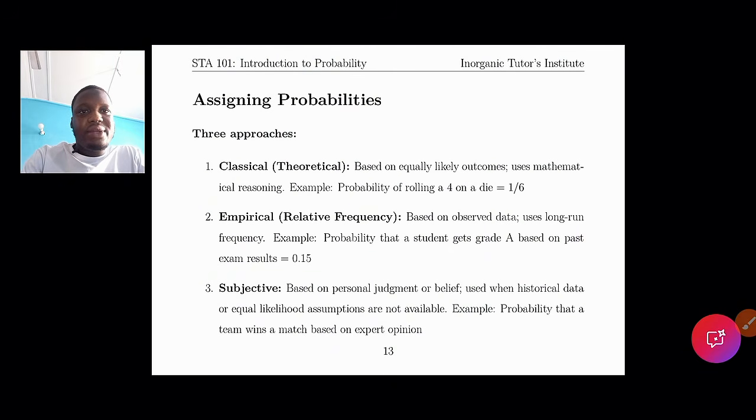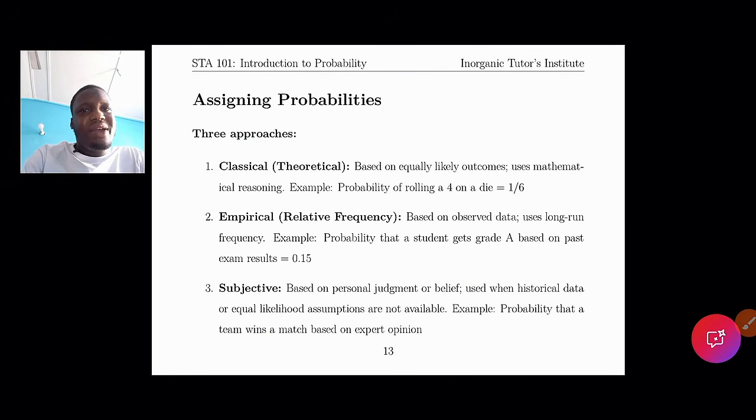Now the second one is called the empirical or the relative frequency. This is what I was explaining when we were talking about long run relative frequency. So let's say in a confinement, you don't know the number of balls in there. But you want to look at the behavior of the probabilities and assign the percentage of red balls in there.